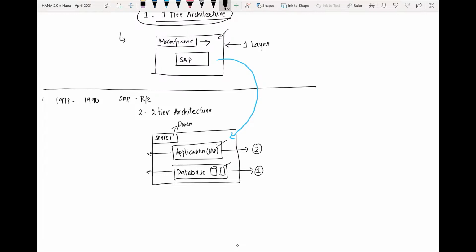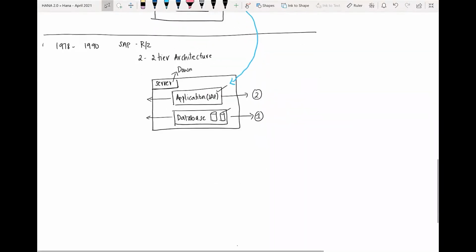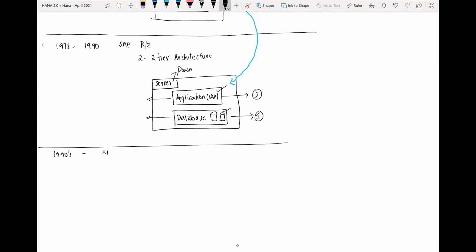Even though 2-tier architecture is better than the old obsolete mainframe technology, there was still opportunity for SAP to grow and evolve its product. So in the 1990s and going forward, SAP went with the next evolution of technology, which is R3. R again for real-time integration. 3 is the 3-tier architecture.